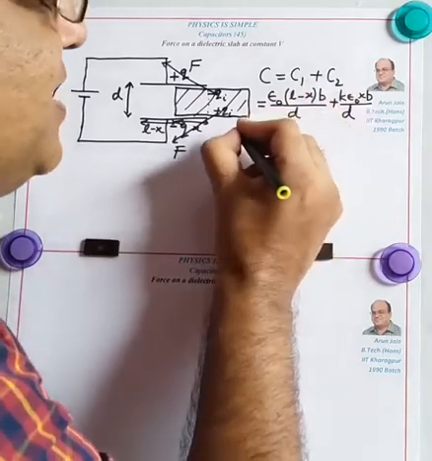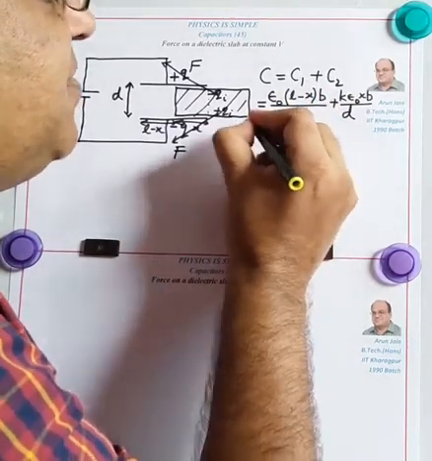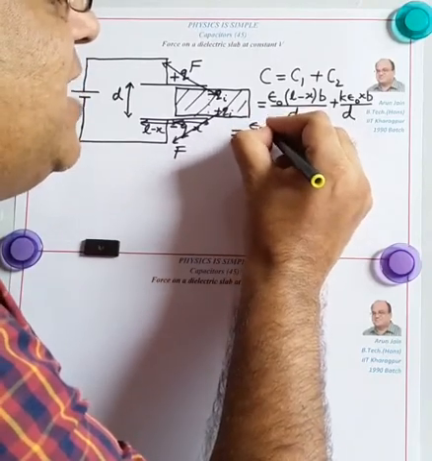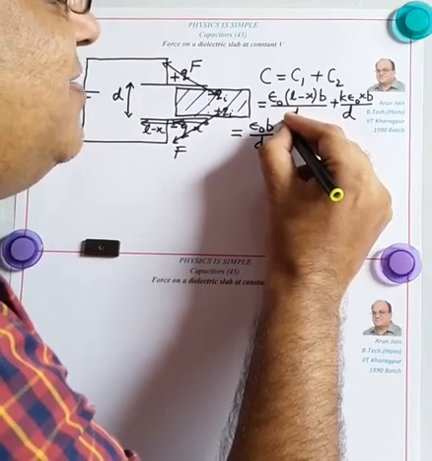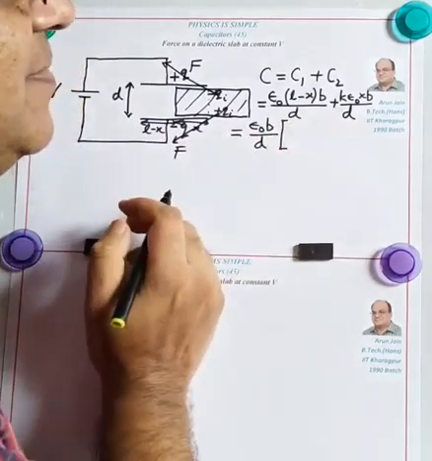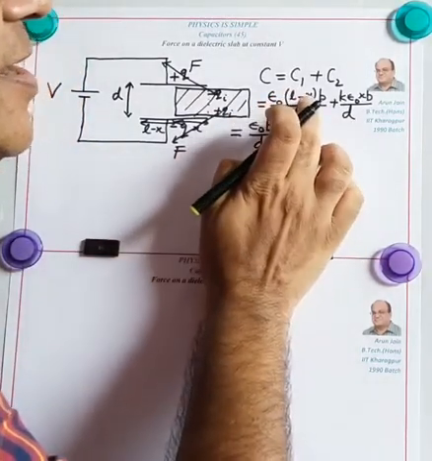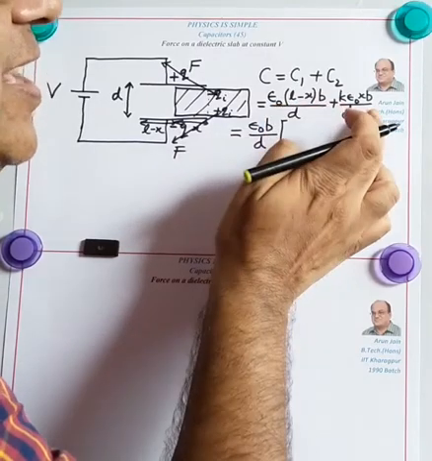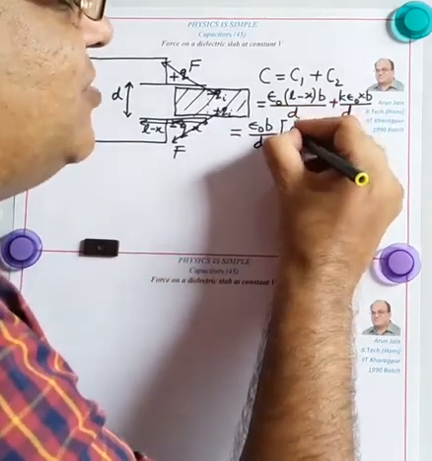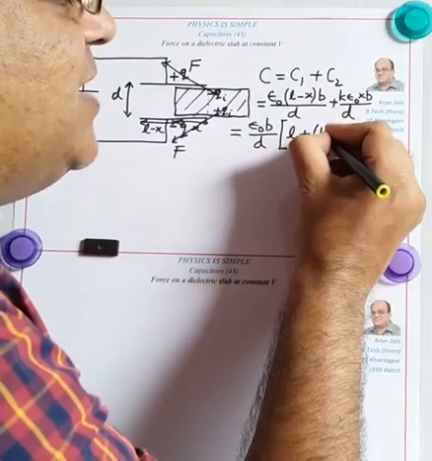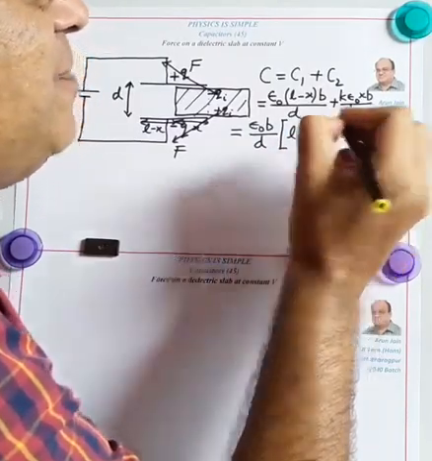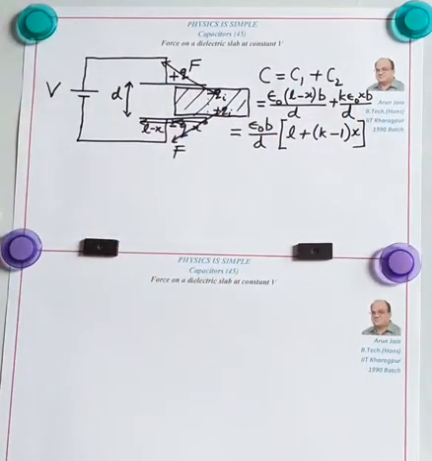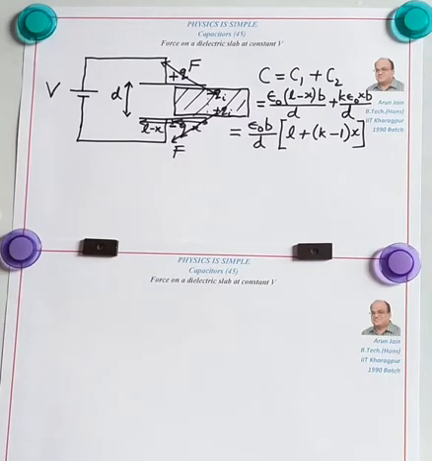So therefore, here we can take epsilon naught B by D common, and inside brackets we get L minus X plus KX. So therefore we can say this to be L plus K minus 1 into X. This is the capacitance of the capacitor at this instant when X length is filled with dielectric.